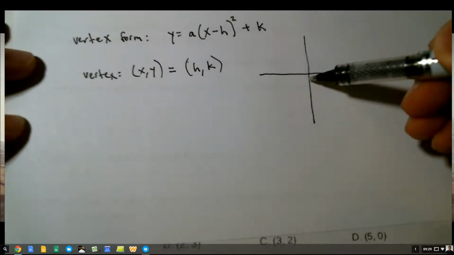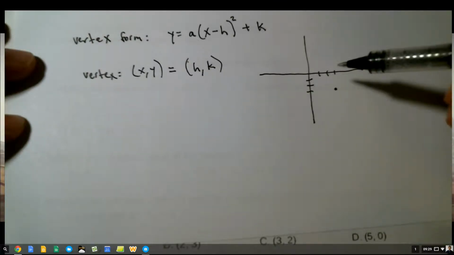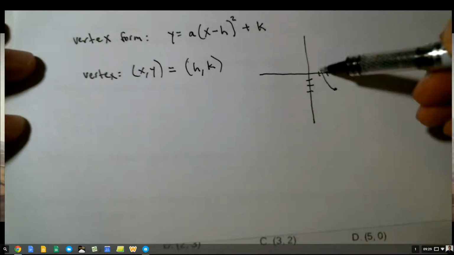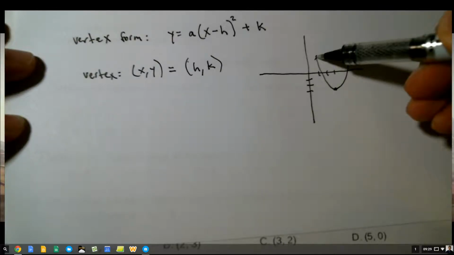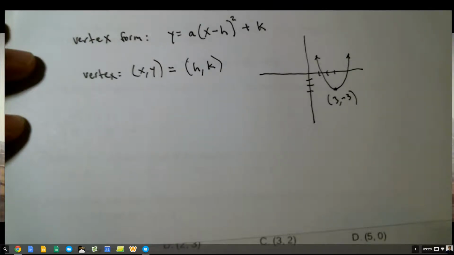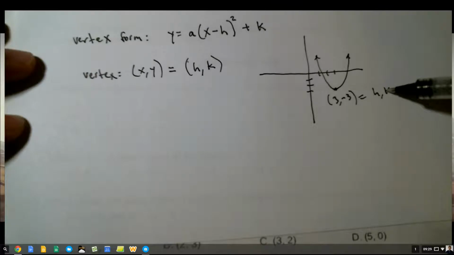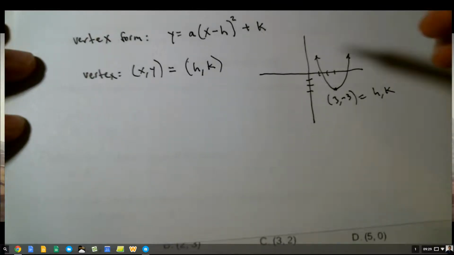So if you have a vertex, for example, let's say that vertex is right here, 3, negative 3. So the vertex has a coordinate of 3, negative 3. Then we know that it's also equal to the h and k value for the vertex form.